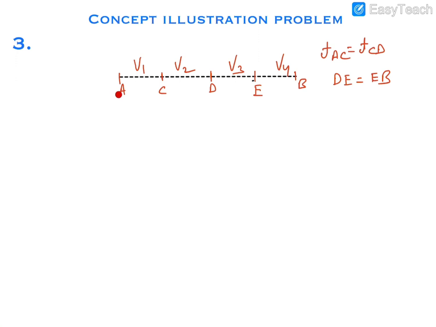You can see that time taken by the body from A to C is equal to the time taken by the body from C to D. And it is also given that the distance traveled by the body in this case is same, DE is same as EB. And it is also given that AD is equal to DB, which means that D is the midpoint of line AB. So how to solve this kind of problem?